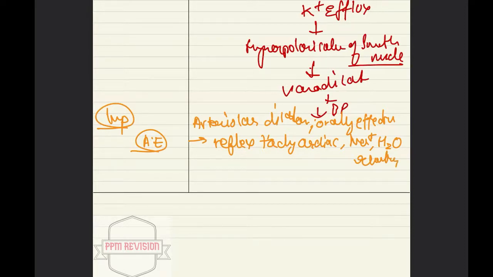Because of this, it is used mostly with a beta blocker and a diuretic as well. And topical minoxidil is used to promote hair growth.